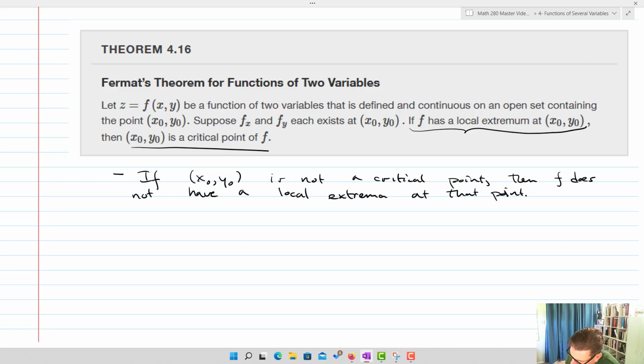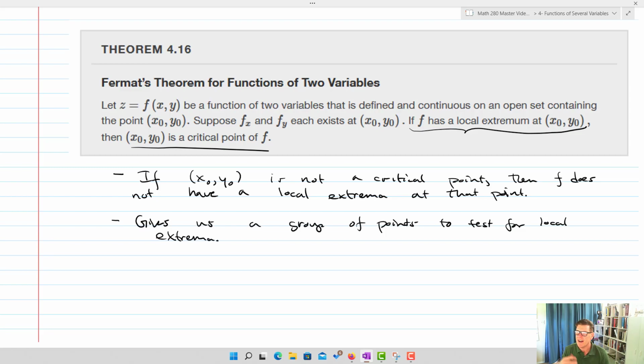And why this is so important is it gives us a group of points to test for local extrema. So what we do is find our critical points, and once we've found them, we go in and test from this set whether they're local minimums or maximums.